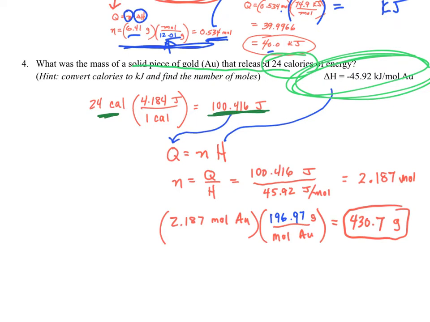Now that's the heat given off. That's going to be Q. And then we're going to use the delta H that is given.